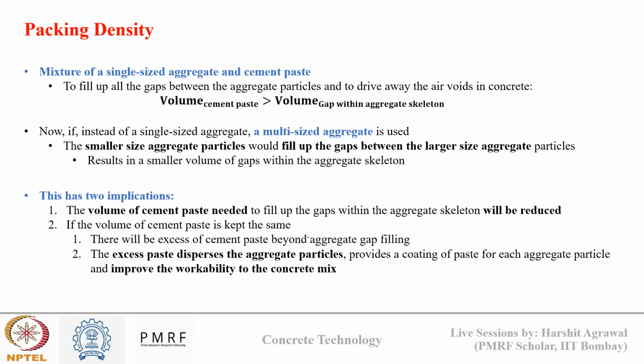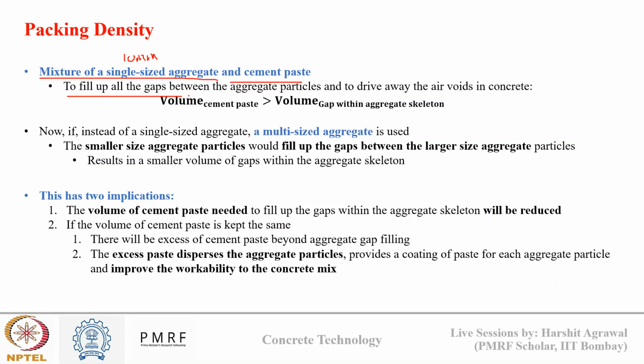Now, the size of aggregate we are taking can significantly influence the packing density. Suppose we are taking a mixture of a single sized aggregate. By single size I mean, suppose I am taking only 10 aggregate or 20 aggregate or 4.75 aggregate. So I am taking a single sized aggregate and cement paste.